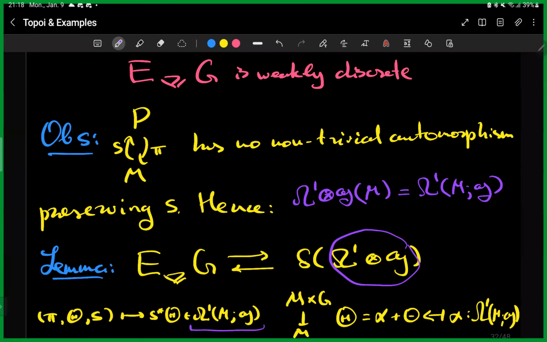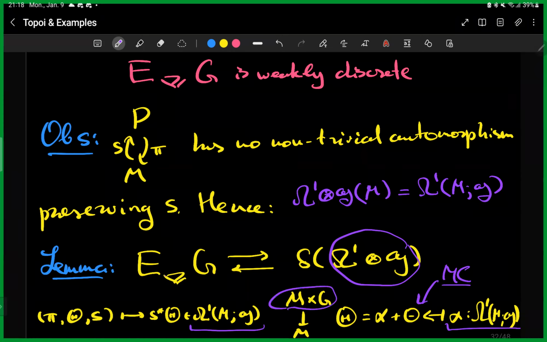And in the opposite direction, we do the following. Given a one-form valued in this Lie algebra, we just map it into the sum of alpha and theta, where theta is as usual the Maurer-Cartan form on G, and alpha is the same form. And this works because the total space is a product.